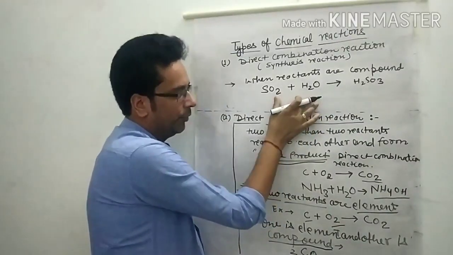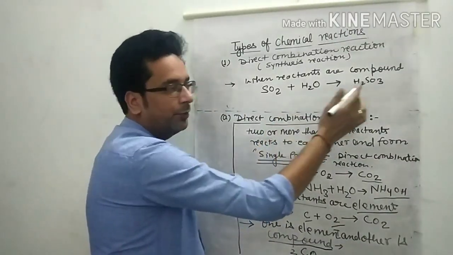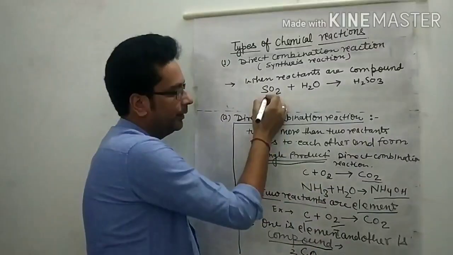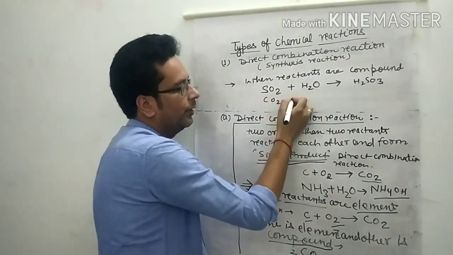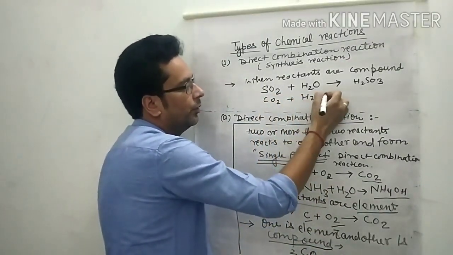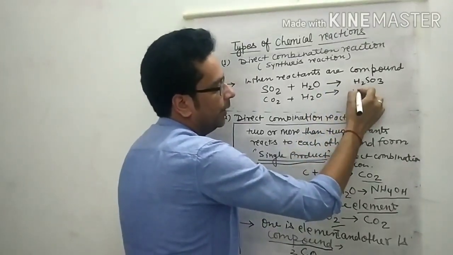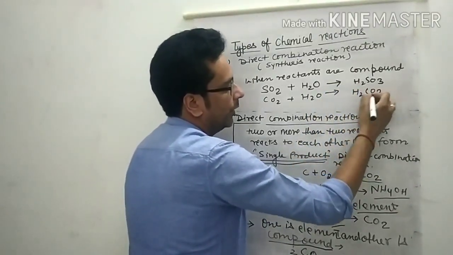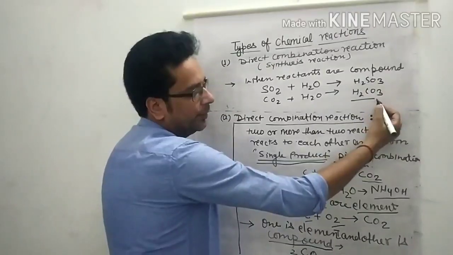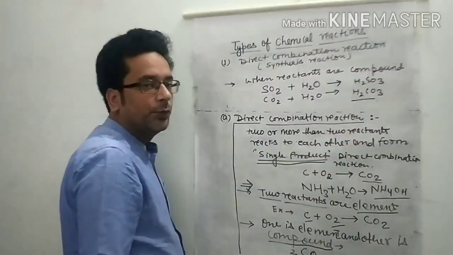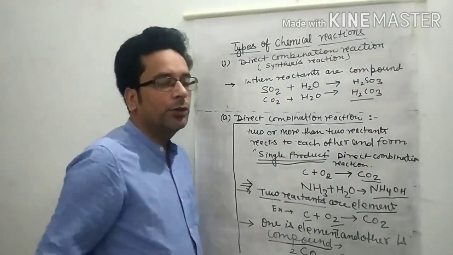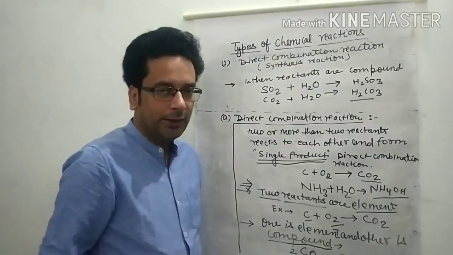Both are compounds, and they react to each other and form a single product. Another example, carbon dioxide plus H2O forms H2CO3, carbonic acid. So these are about the direct combination reaction.